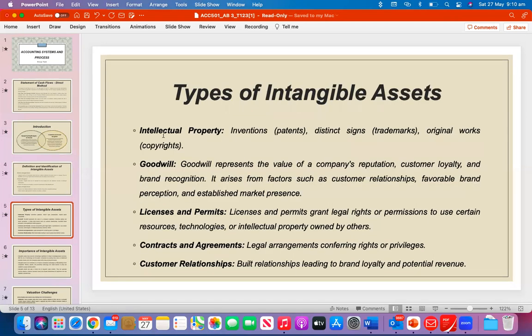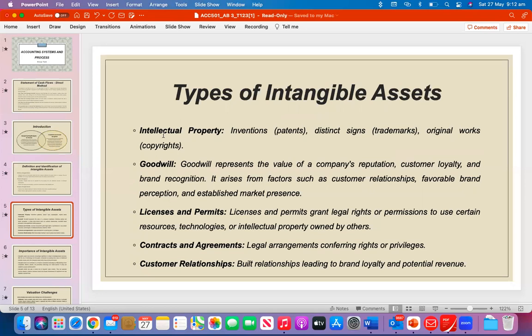Moving to the other slide, types of intangible assets: intellectual property, inventions, distinct signs, original work, goodwill. Goodwill represents the value of a company's reputation, customer loyalty, and brand recognition. It arises from factors such as customer relationships, favorable brand perception, and established market presence.